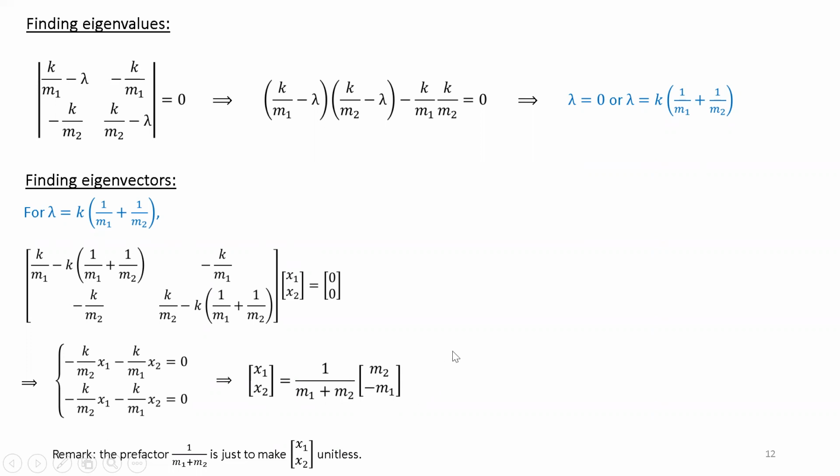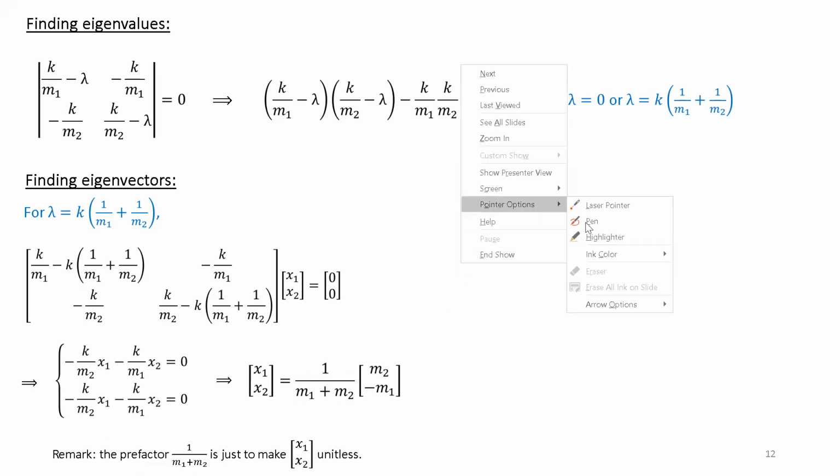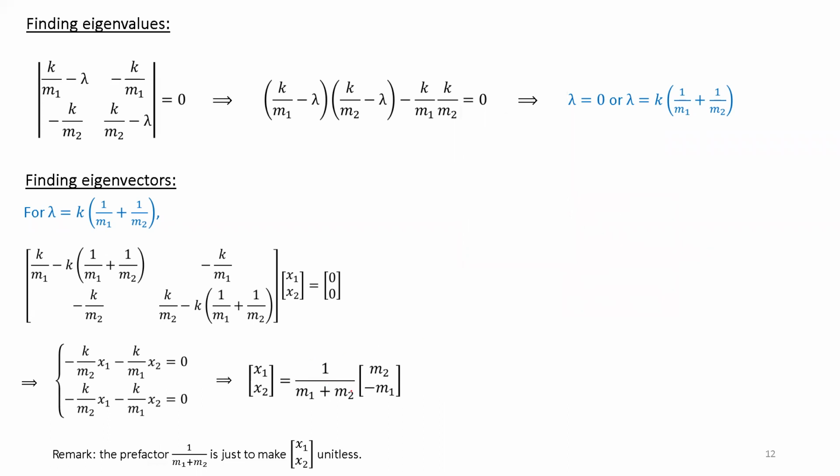But you already understand that the prefactor doesn't change the fact that this is an eigenvector. So I can totally drop this prefactor and say that this is an eigenvector, or I can pick any other prefactor to still say that this is an eigenvector. Here I put this prefactor.